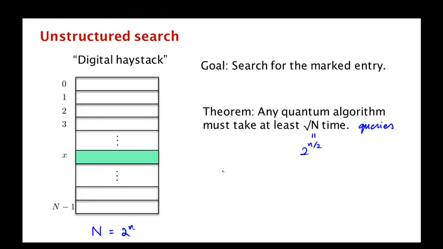We think of this table as being specified by some circuit, a circuit that computes some function f, so that on input x it outputs f of x, which is either 0 or 1, so it's a Boolean function. f of x equal to 1 says that x is a marked element, and 0 says it's unmarked.